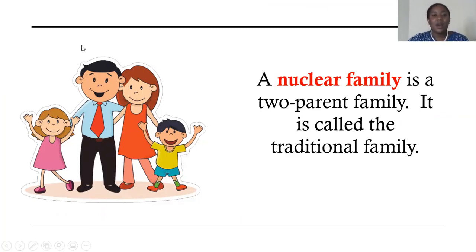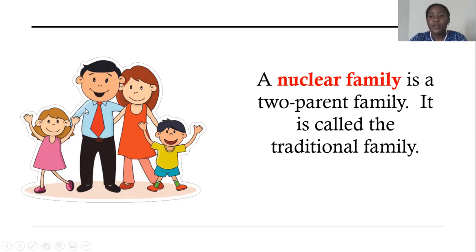So this here is a picture of a nuclear family, all right? And like we said, it has parents and children, but it has two parents, and that's what makes it a nuclear family. So a nuclear family is a two-parent family, and it is called the traditional family because a lot of people in the world have this type of family.